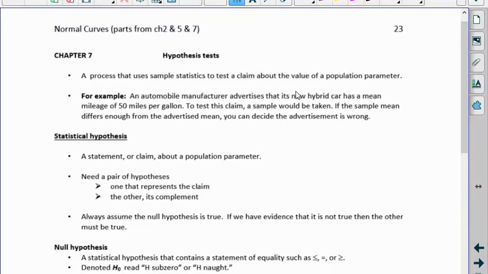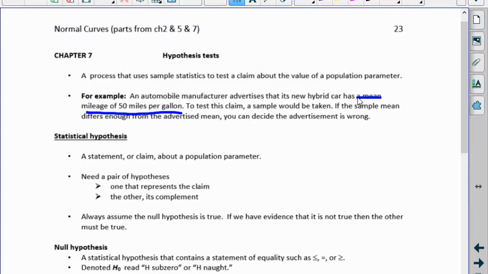For example, if an automobile manufacturer advertised that they had a hybrid car with a mean of 50 miles per gallon, to test this claim, you would go out and take a sample.